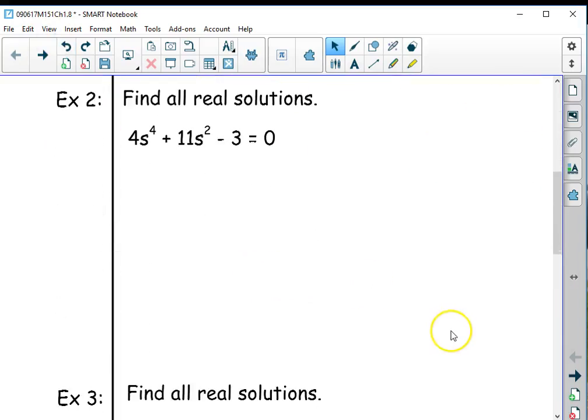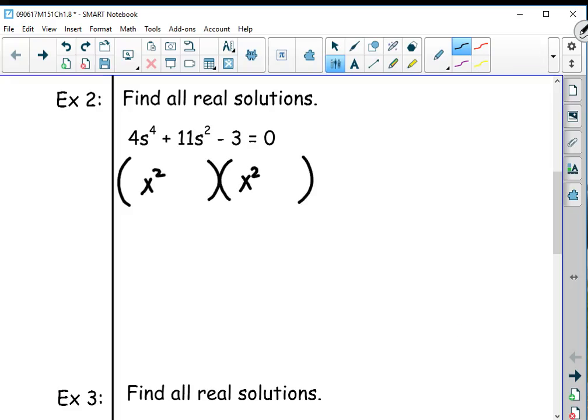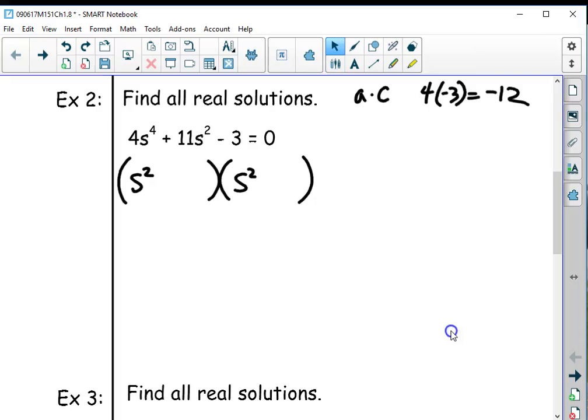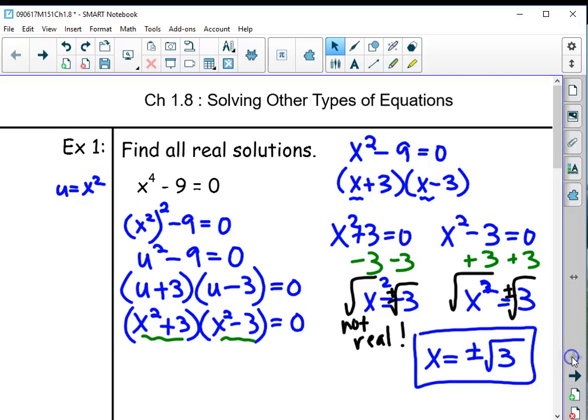A tough little problem. Now we're going to use the same idea, and I'm not going to use the u substitution here. I know that if this is factorable, I'm going to have an x squared here and also here. Now, this is not a pretty factoring because of that 4 in front of the s squared. I guess I should write it as s's. So my AC factoring, I'm looking at 4 times negative 3, which is negative 12.